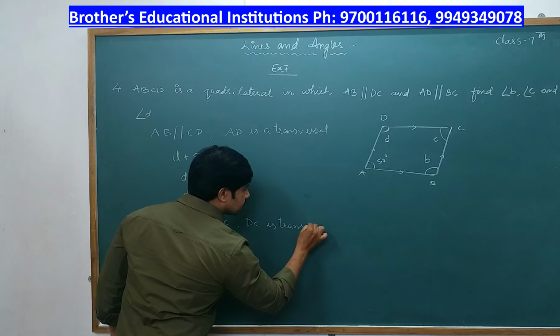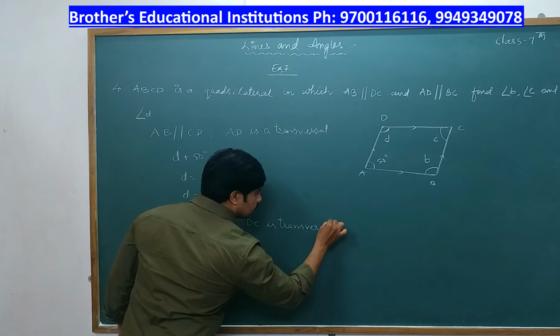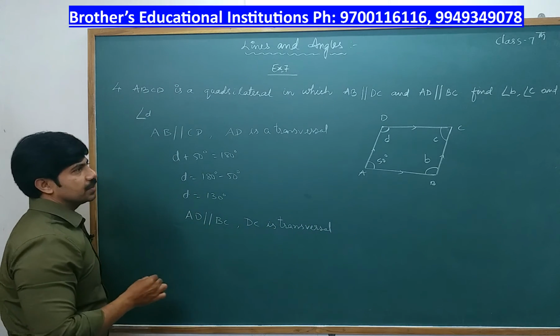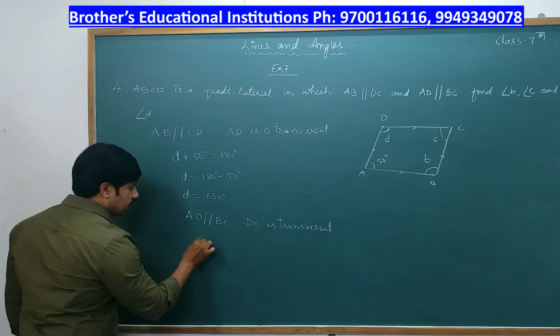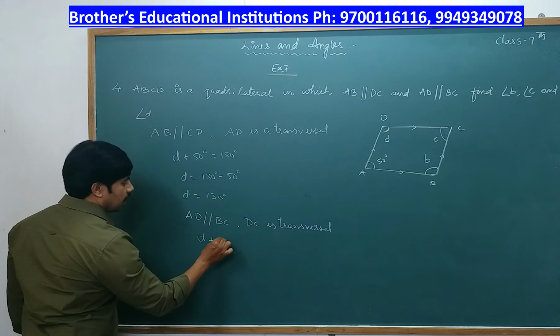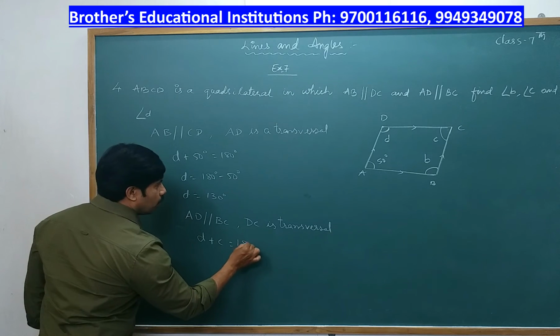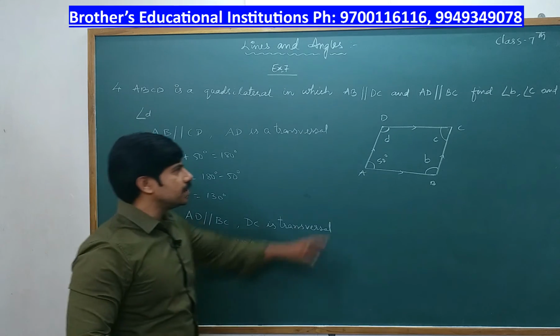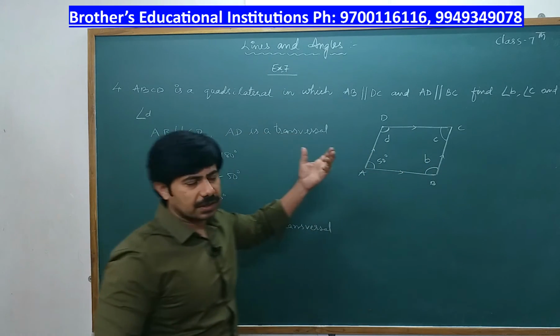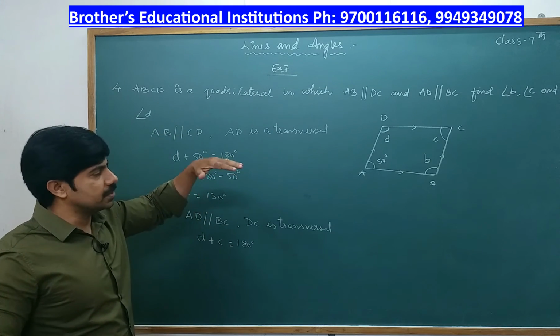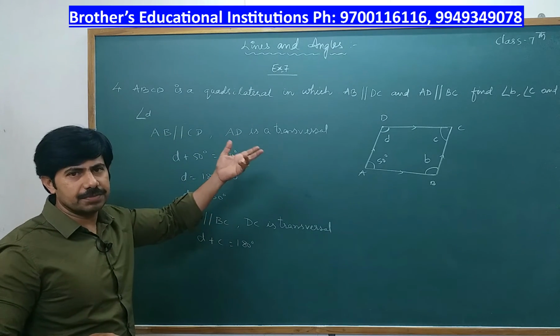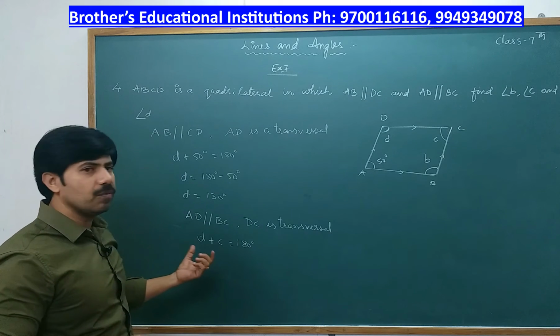So if DC is the transversal, angle D plus angle C is 180 degrees, because D and C are interior angles on the same side of a transversal. So their sum will be 180 degrees.